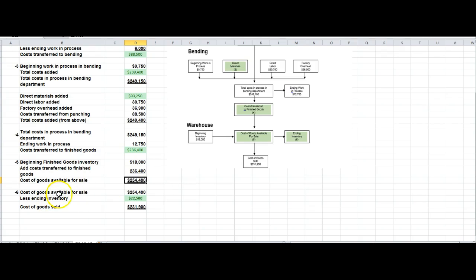And then it says cost of goods available for sale was here. We had an ending inventory that they didn't give us the number for, so this was our cost of goods sold. You subtract cost of goods sold from available, and you're going to come up with the ending inventory. And that pretty well takes care of the homework.